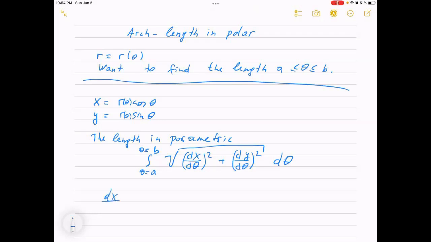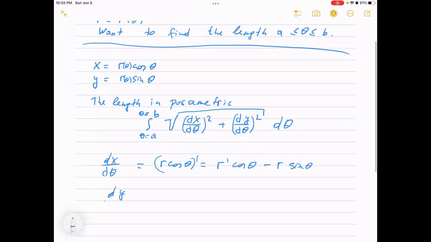So first let's find dx d theta. That is the derivative of r cosine theta, so we apply the product rule: r prime cosine theta minus r sine theta. The derivative of y with respect to theta is, again by the product rule with a similar calculation, r prime sine theta plus r cosine theta.